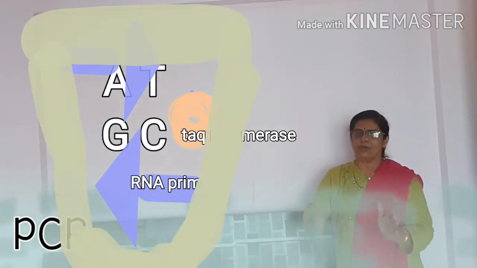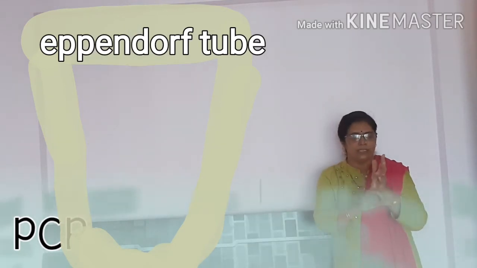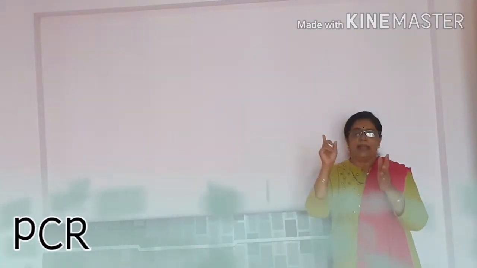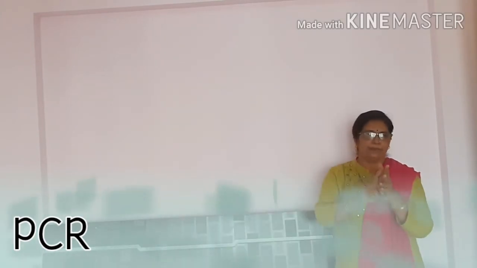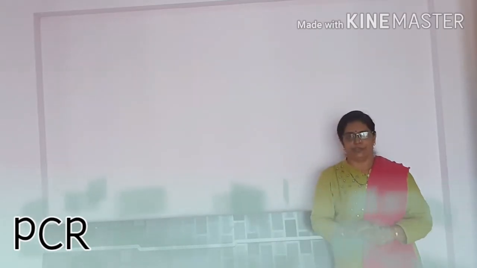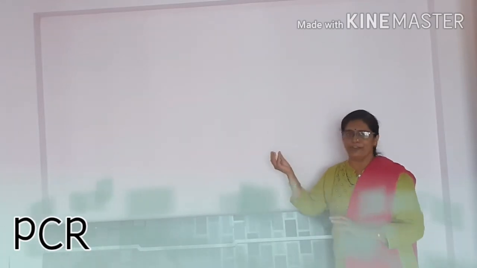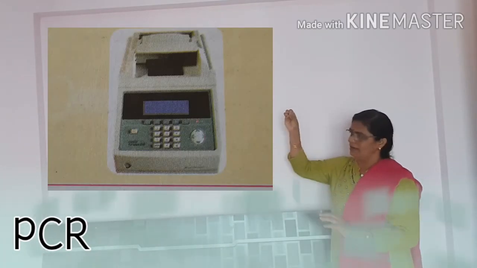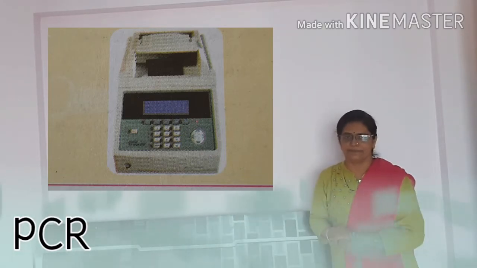That is the mixture of buffer solution, the DNA sample, as well as the 4 nucleotides and the RNA primers. This mixture is kept in the Eppendorf tube, and then this tube is put in this device, the thermal cycler.